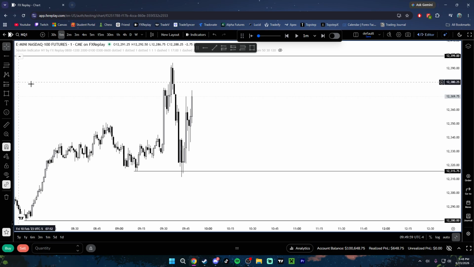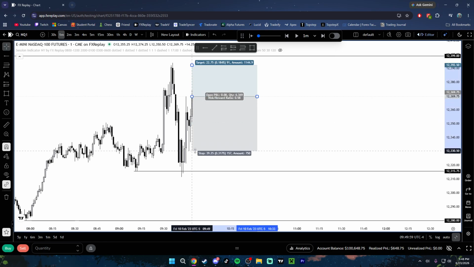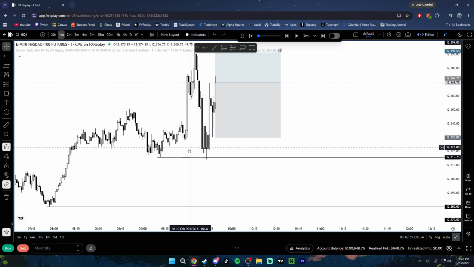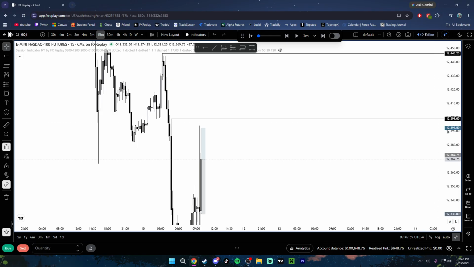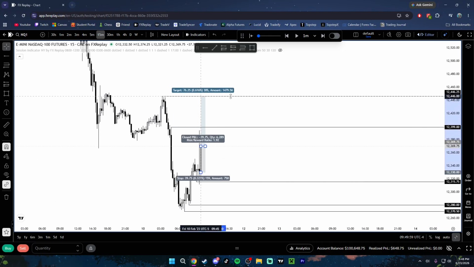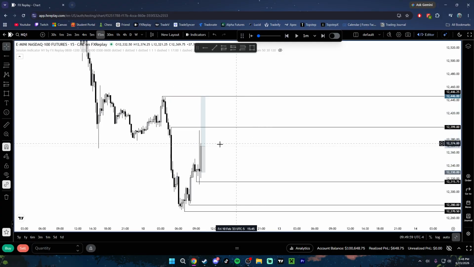Okay, I like this. So the reason for this trade, we're delivering from this liquidity. We have a bunch of liquidity high right here. When we edge this right here, we can target this high and something high.